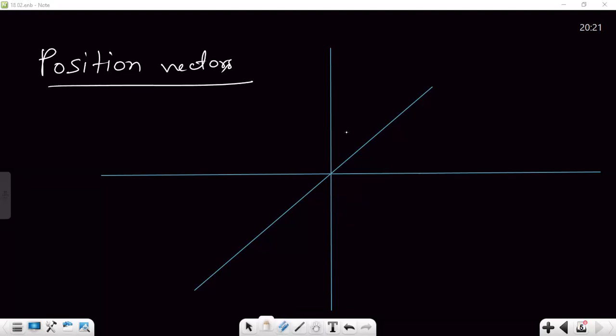Position vectors. Okay, so this was origin, x-axis i cap, y-axis j cap, z-axis k cap.